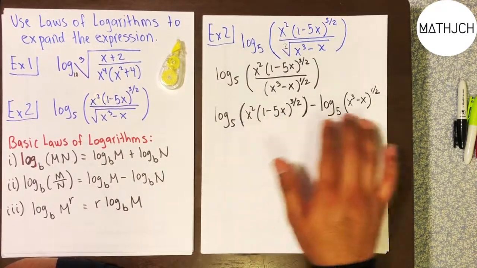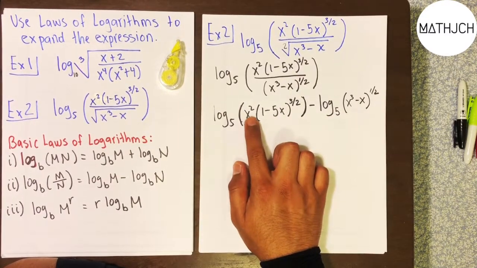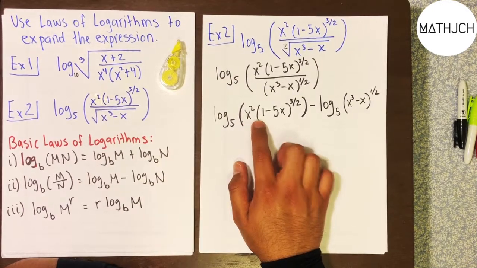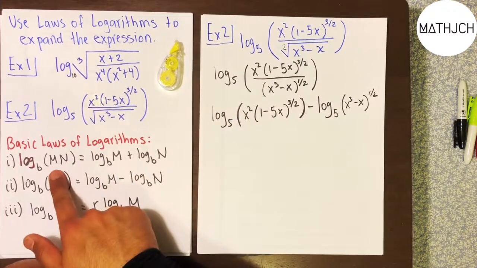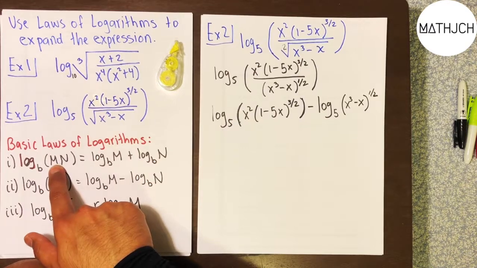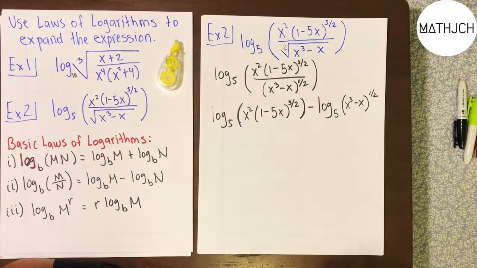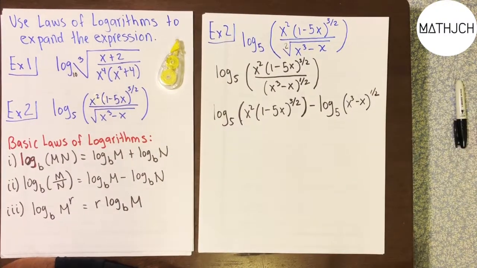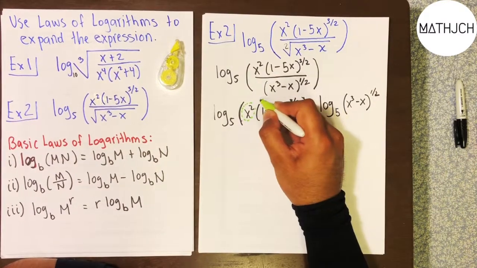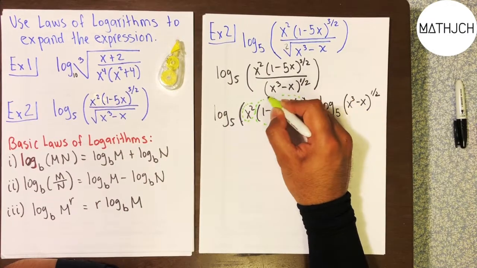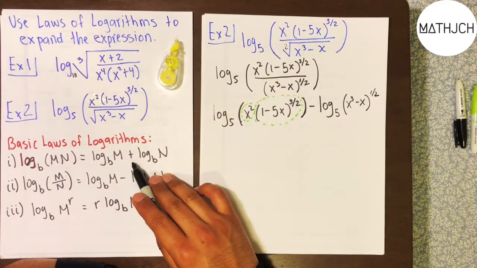Now, let's work on each one at a time, right? We have here x squared, and parentheses means multiplication, right? So we have a multiplication inside a log. So that is rule number 1, right? Multiplying m times n, we're going to expand it as an addition. So our multiplication that is happening here is that this x squared is multiplying all of this here. So we're going to expand it, each one having its own log in an addition format.